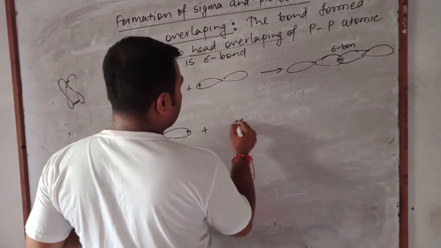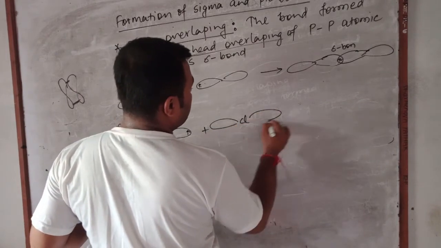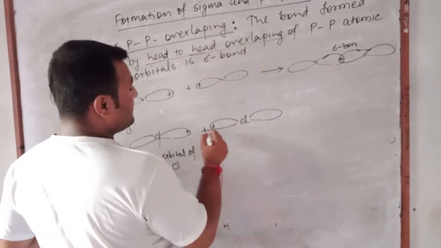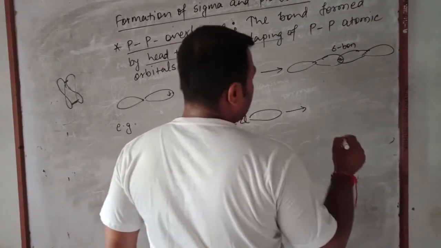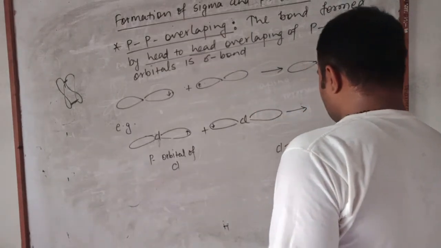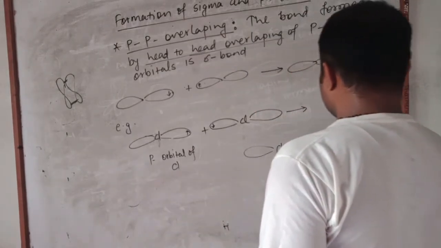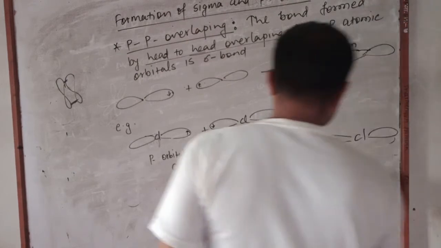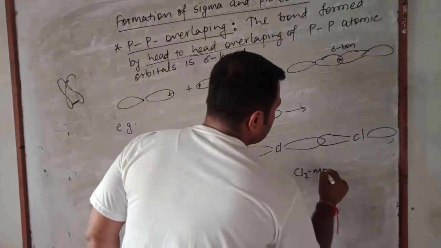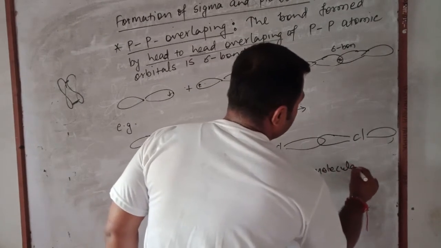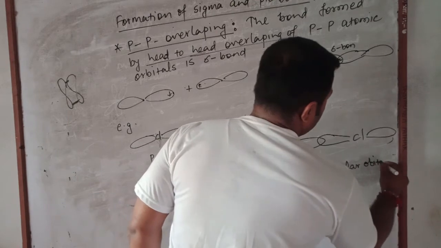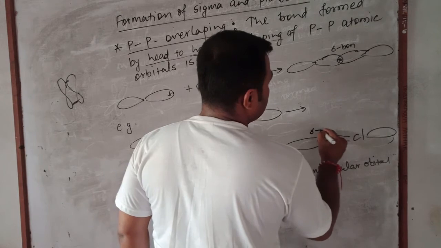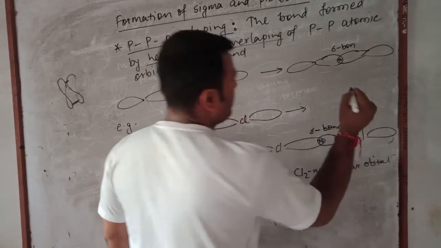It combines or overlaps with another atomic orbital of chlorine, that is, head-to-head overlapping takes place, and in this way the bond formation takes place between two chlorine atoms, and the chlorine molecule Cl2 molecular orbital is formed. In that overlapping, head-to-head overlapping takes place and a sigma bond is formed.